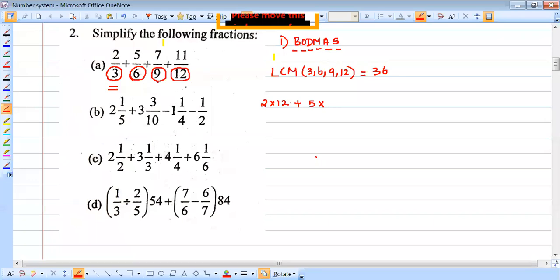So you should multiply 6 times in the denominator as well as 6 times in the numerator. That's why 5 into 6 plus 7 into 4, because 4 times 9 is 36, plus 11 into 3, divided by 36. So the answer for this is 24 plus 30 plus 28 plus 33 divided by 36.